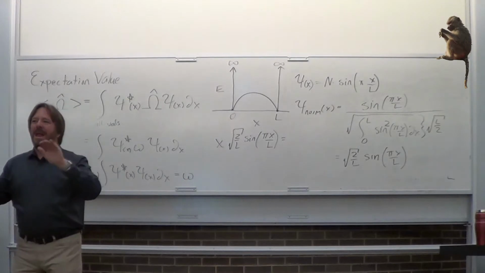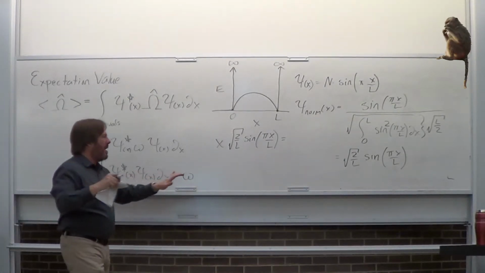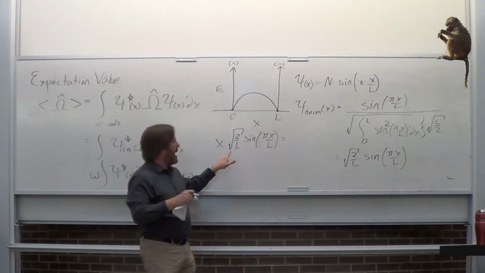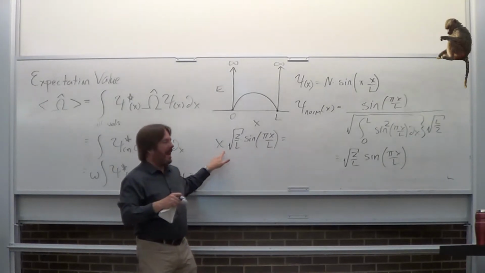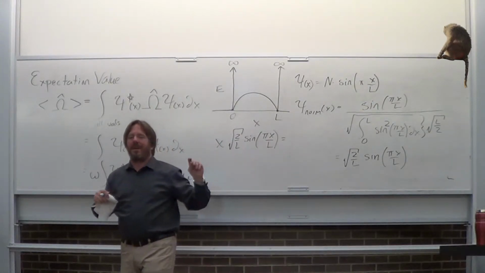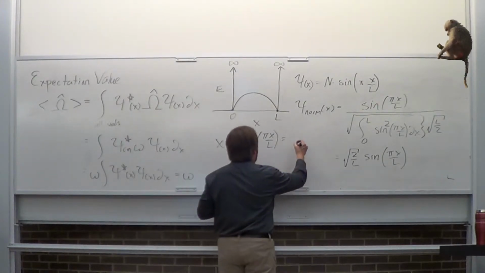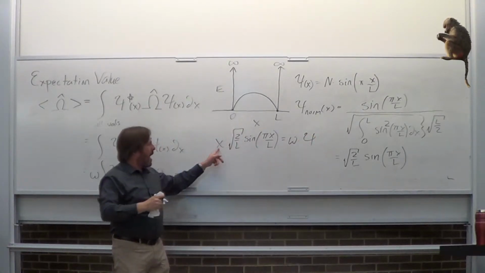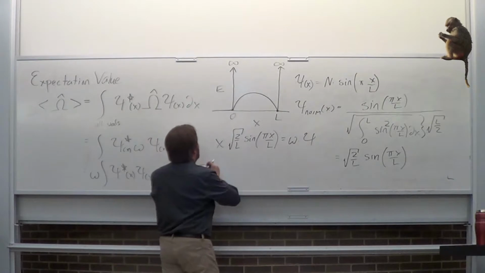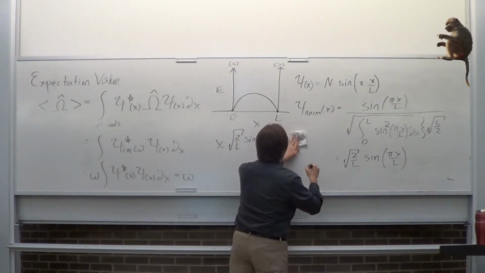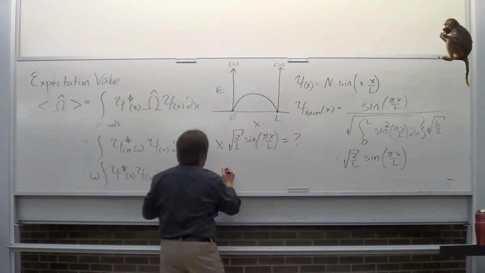Okay, what happens when you have a wave function of energy and you apply a different operator and you don't get an eigenvalue times the function?